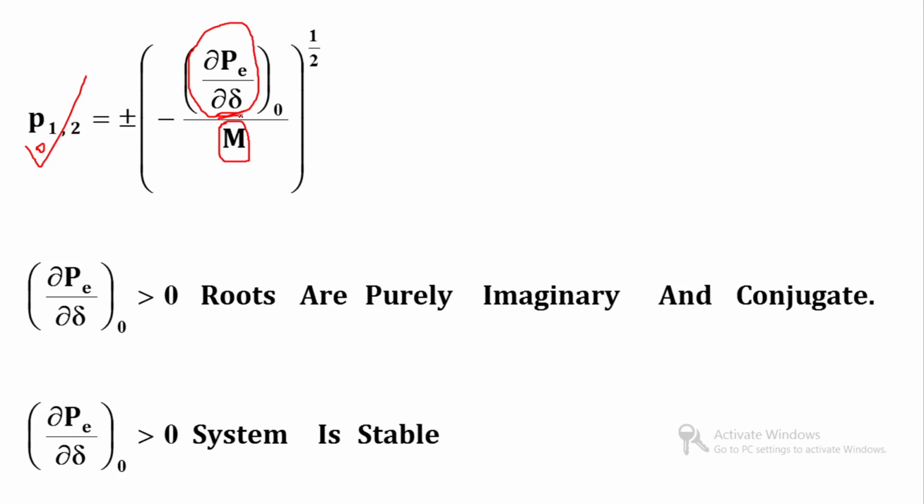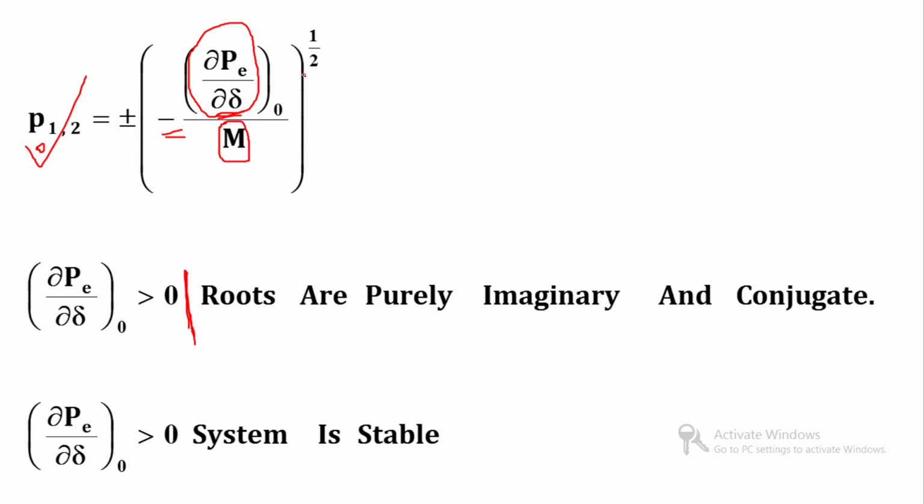Suppose del pe by del delta 0 is greater than 0, clear. Then this entire term becomes negative, because this change is positive and m is also positive, so this ratio becomes negative.